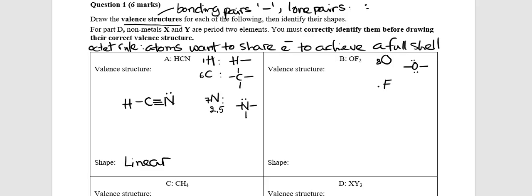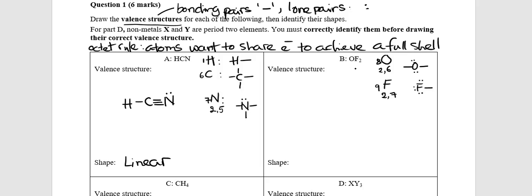Fluorine has 9 electrons, so I'm just going to write the configuration here, which means that it has 7 electrons in the outer shell, so it's going to want to form 1 bond to get 1 more electron, and it will have 3 lone pairs of electrons.